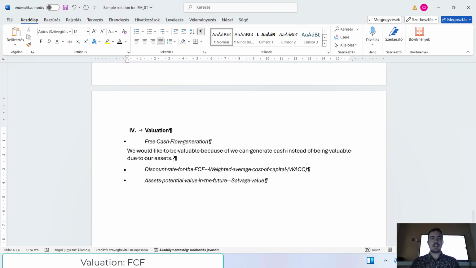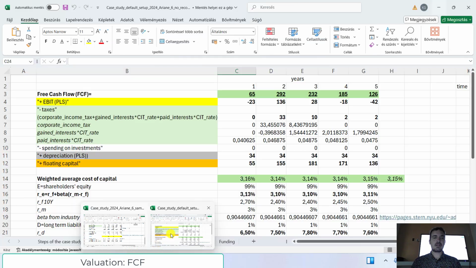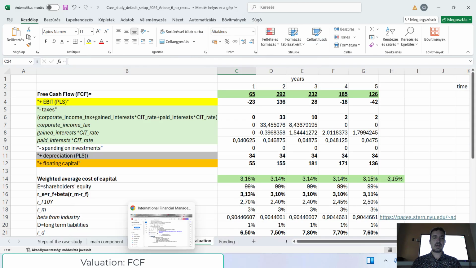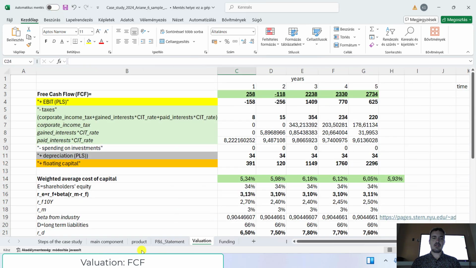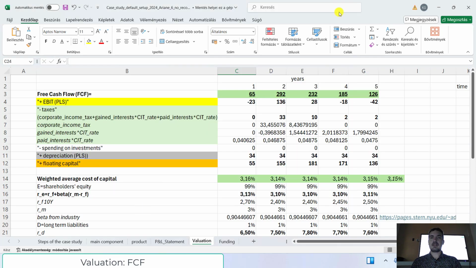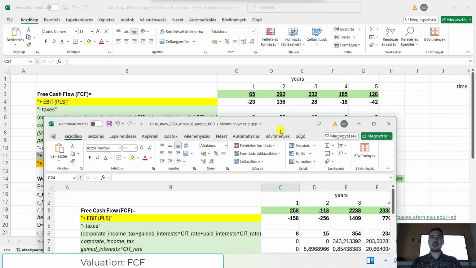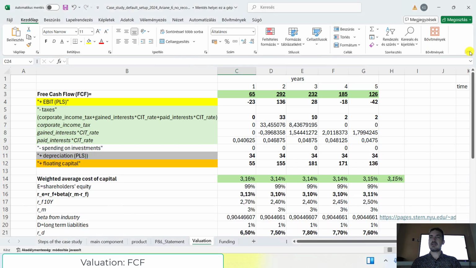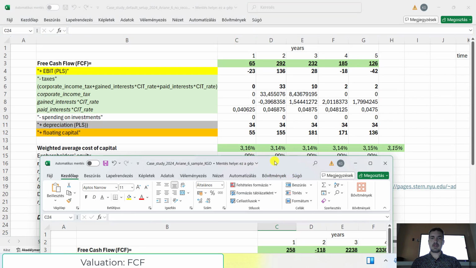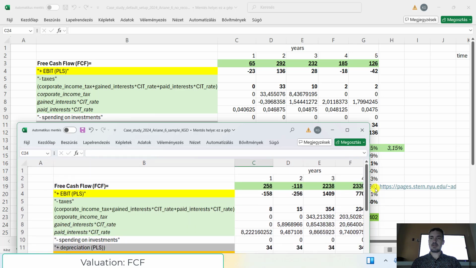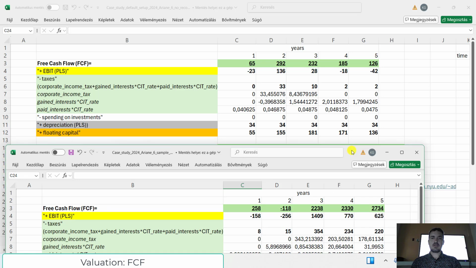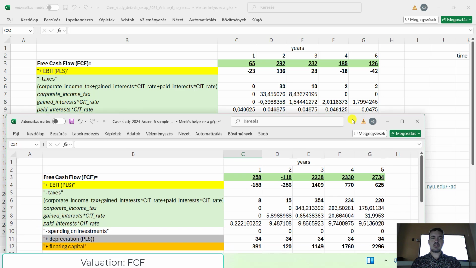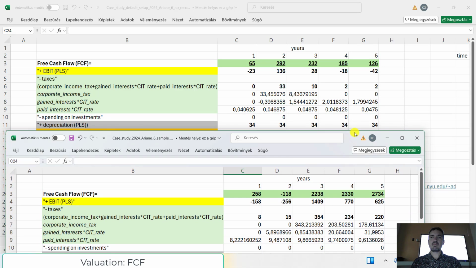Because if you are comparing the two case studies, if you are opening both Excel sheets at valuation, let's bring this one under that one. Come on.